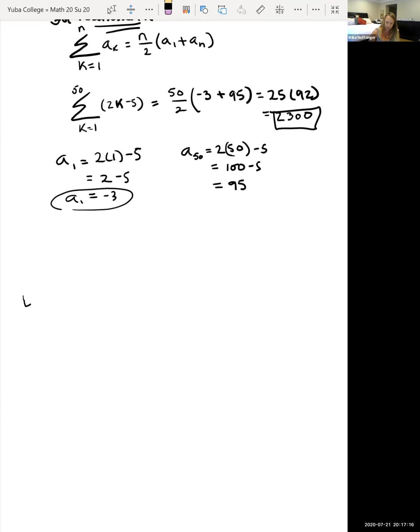So before we look at another one, let me give you the formula for geometric sequences or series.